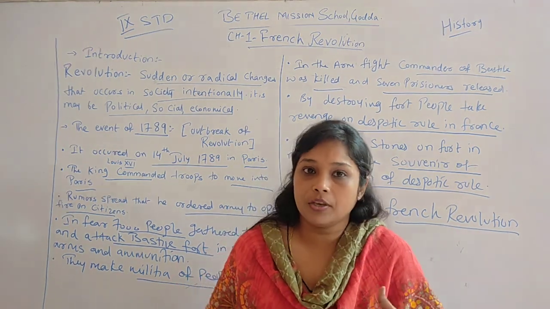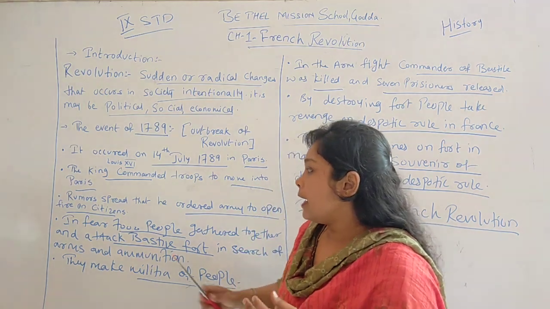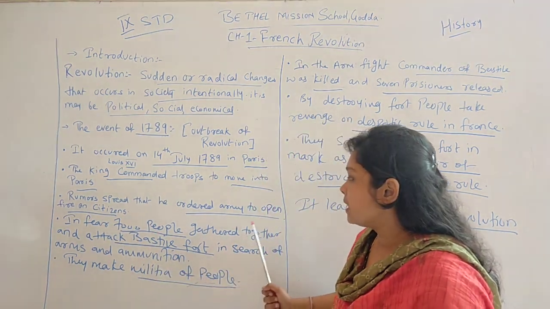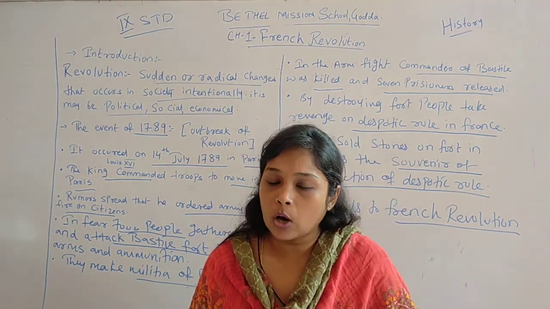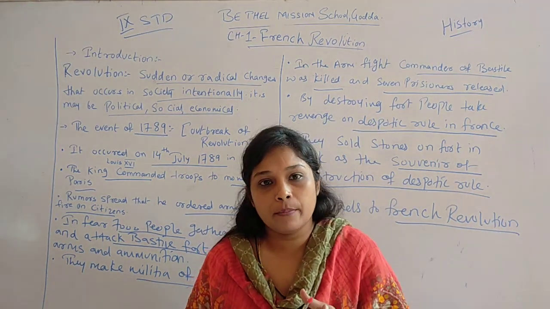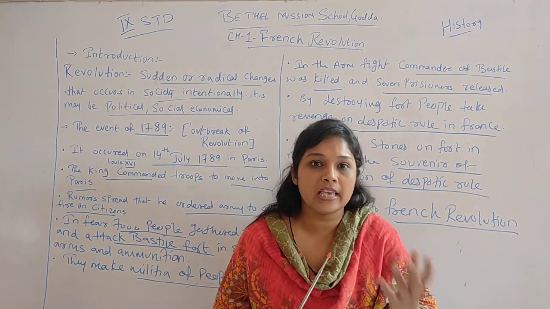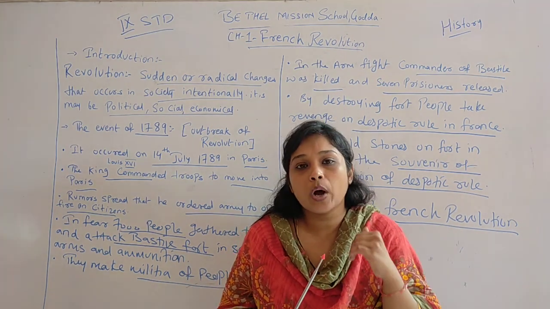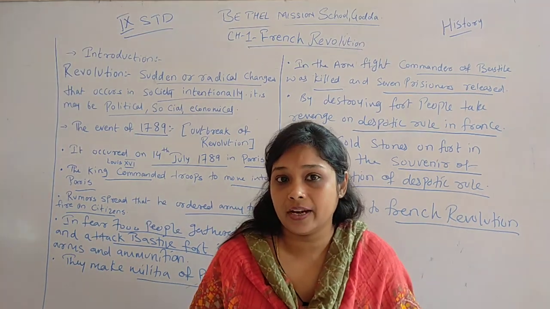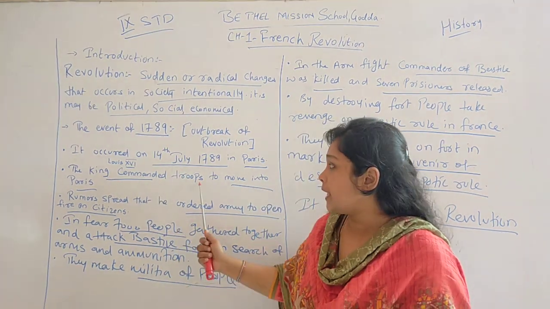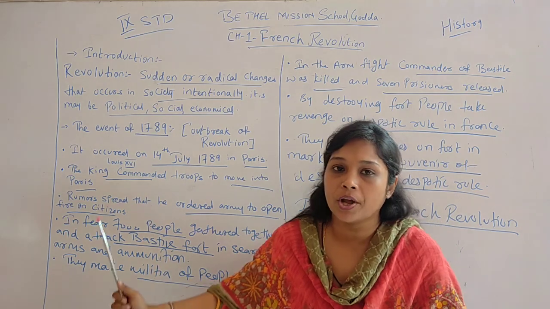Because of that fear, 7,000 people gathered together, including men and women. They gathered out of fear because the rumor said the king sent troops into Paris to attack citizens, which is not correct, because the king commanded troops to move into Paris for some security reason.